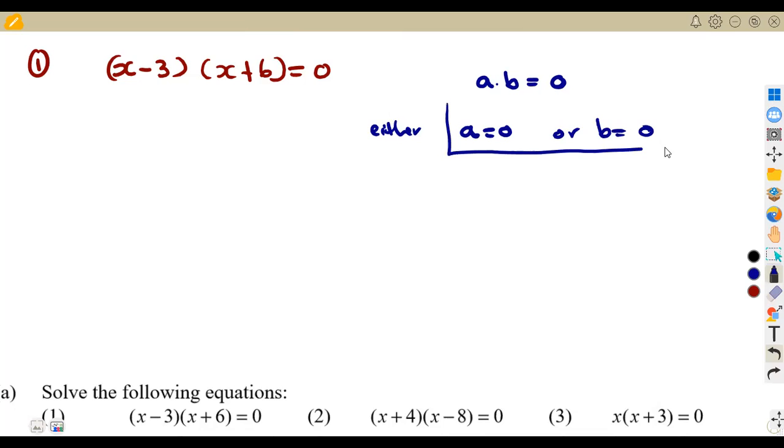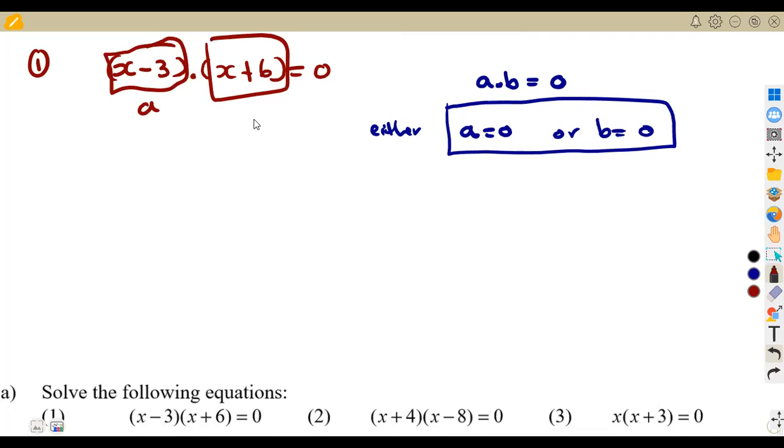As long as it's a product that you are working with, one of these two must be equal to 0. Because the bracket means that you're multiplying, there's a product of two terms. This represents our A, and this part represents our B.